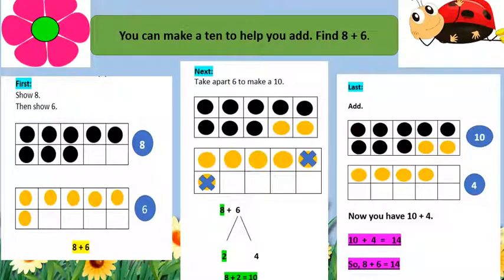That makes it 10 and 4. So 10 plus 4 equals 14. And 8 plus 6 equals 14. Both are the same. I arrive at the same answer, but with different number bonds.